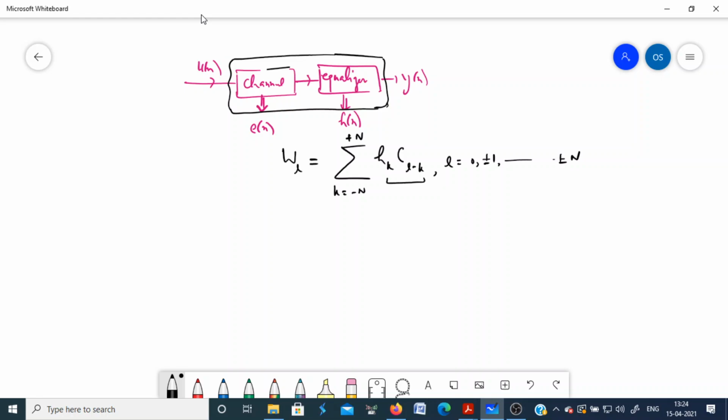This is the impulse response of this equivalent system, which is the cascade of the channel and the equalizer.